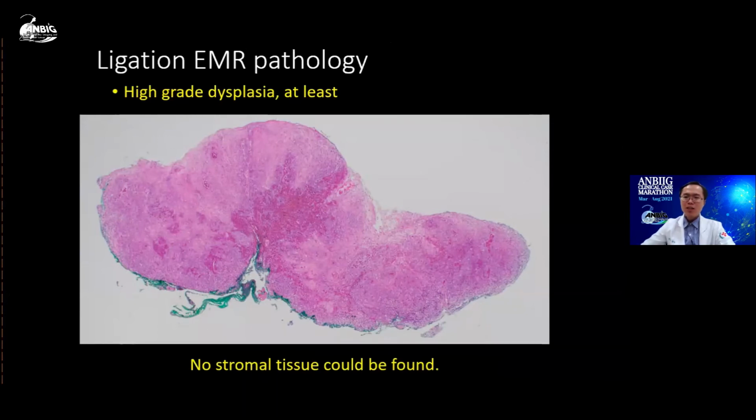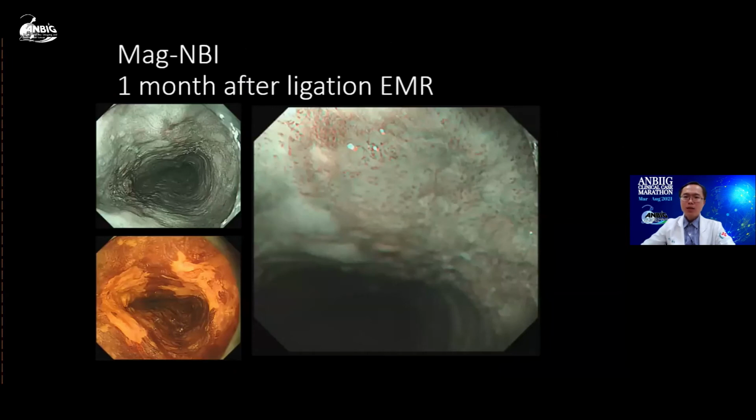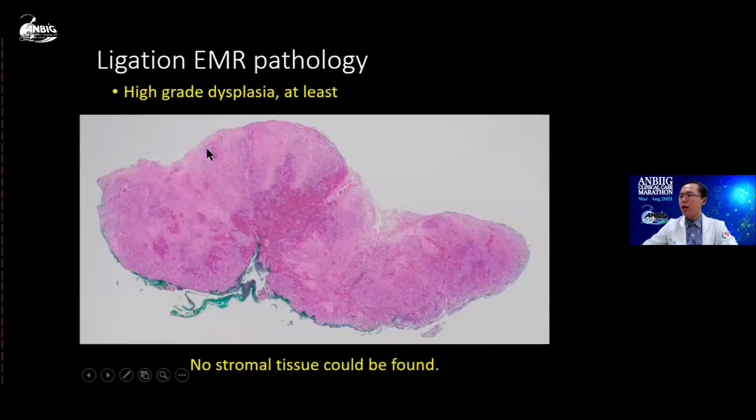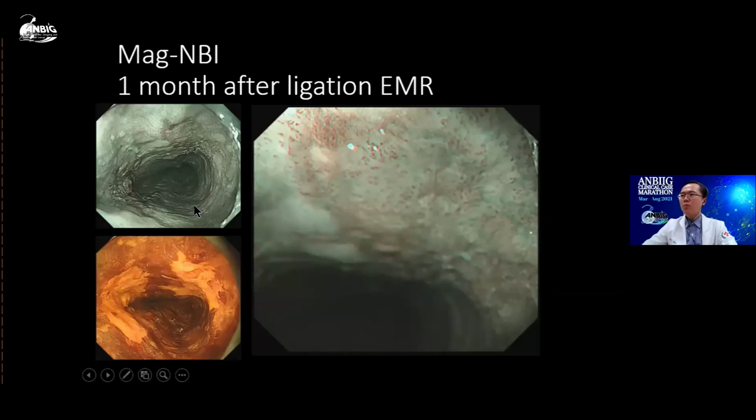One month later, the patient came back to my clinic. After the ligation EMR, we encountered the Chinese New Year, so the patient wished to make the decision after the holiday. One month after the ligation EMR, he came back to my clinic and finally decided to choose diagnostic ESD.